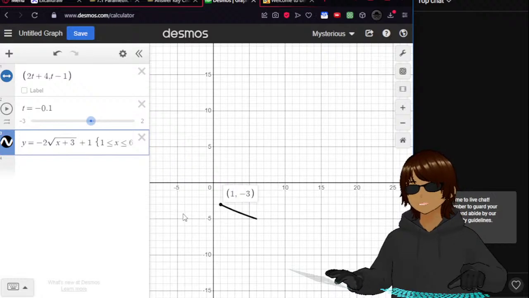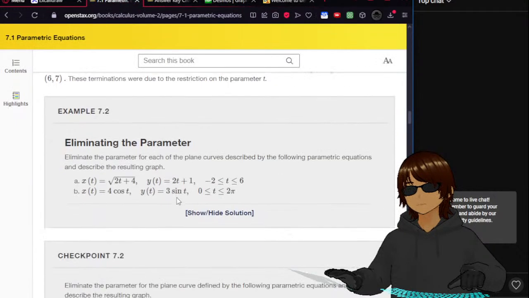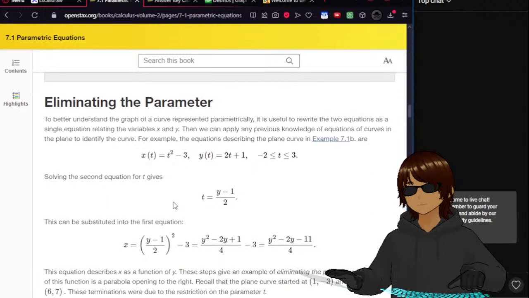There's negative 3 here. Wait, so the range would be minus 4 to 3 times 2, which is 6.